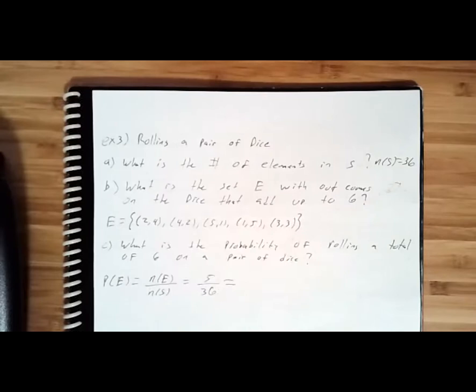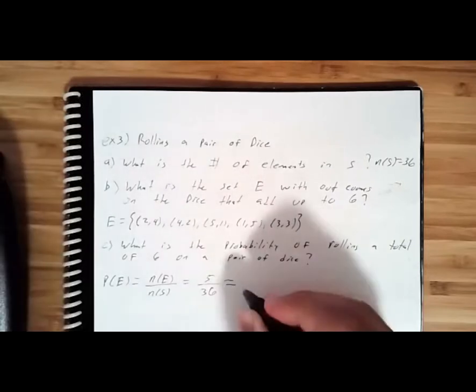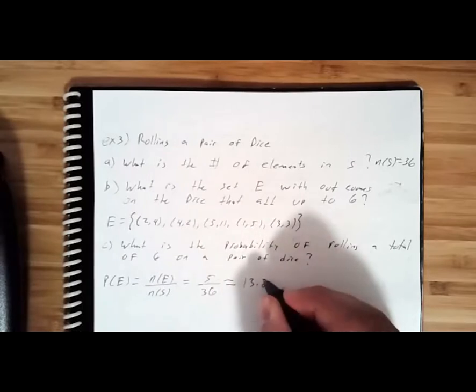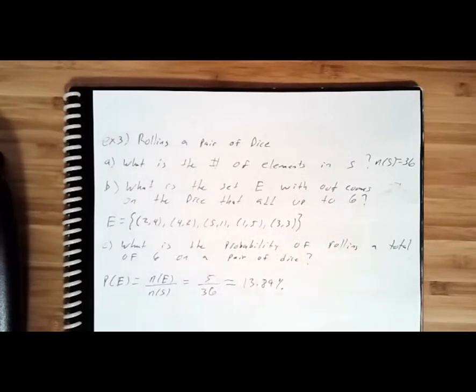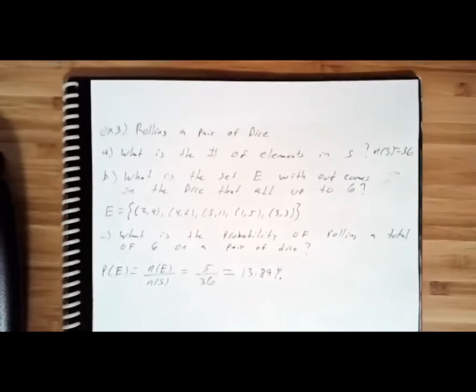As a percent, we'd have to divide that and multiply by 100. 5 divided by 36 times 100 is about 13.89%. Anyway, you can also count elements out of a list or out of an experiment by flipping coins or rolling dice. But anyway, that's all for 9.1.